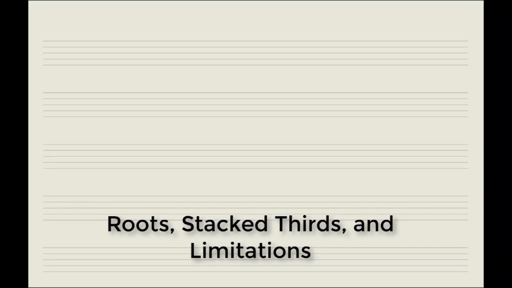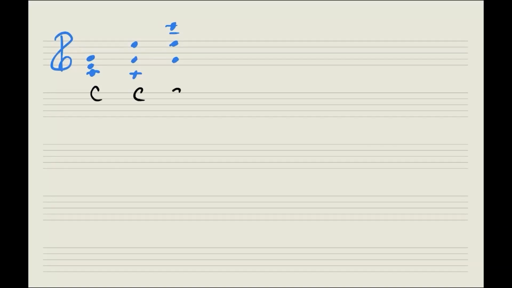When you were working on finding the root of something like a C major triad, that's pretty easy. Then a little bit harder is a C major triad in open position, and maybe even harder is open position and in inversion. And in all of these, of course, the root is going to be C. But how did we do this?